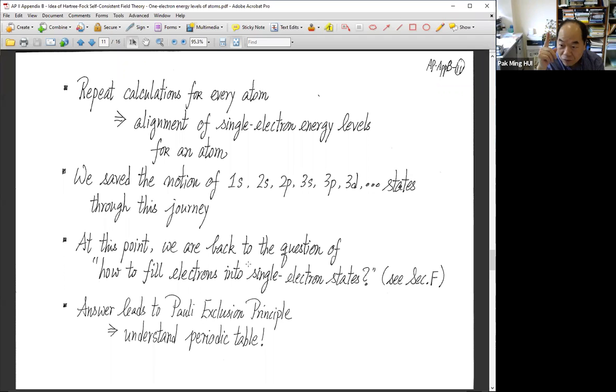That wave function of the electron must change by a minus sign. That requirement turns out to be a more general statement of the Pauli exclusion principle that you learned in the past, and then we can understand the periodic table. So that is the remaining part of this chapter on atomic physics.